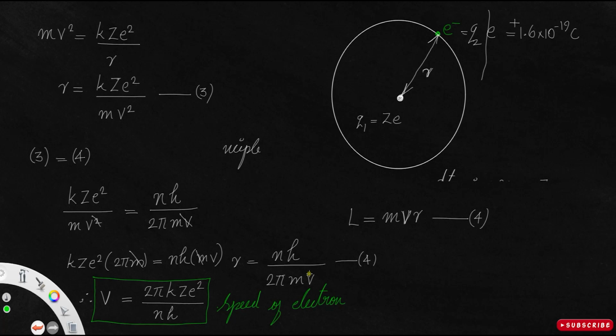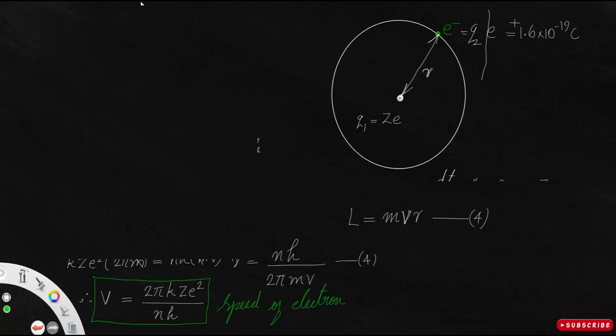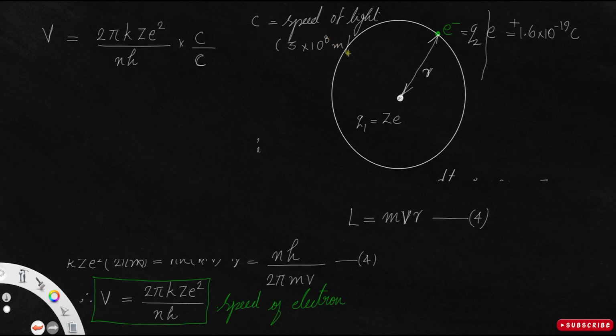Also, let me write this expression again. We have the velocity of the electron v equal to 2 pi kz square divided by nh. Now what I'm doing here is multiplying the numerator and denominator with the constant c. c is the speed of light, its value is 3 times 10 raised to 8 meter per second.